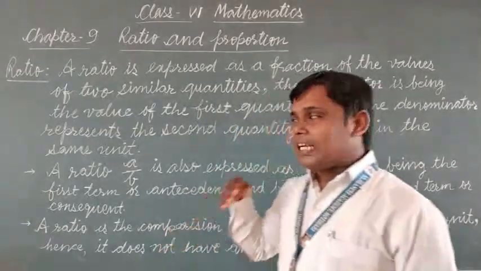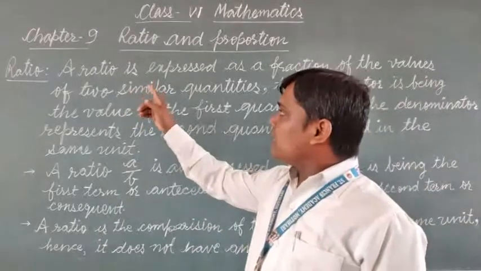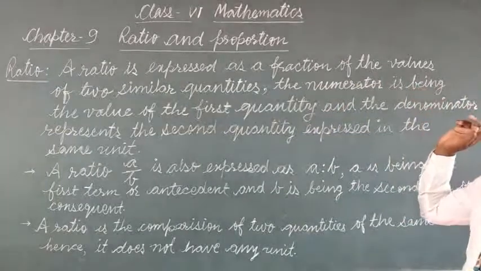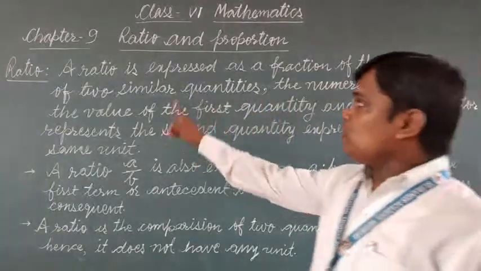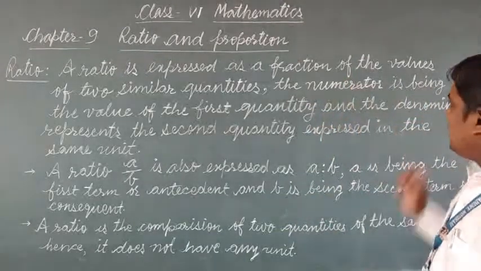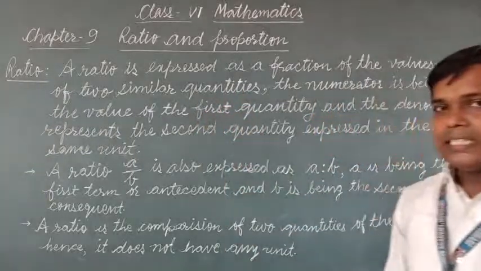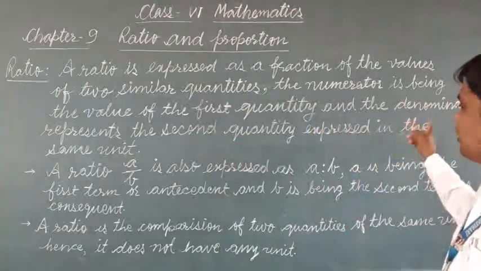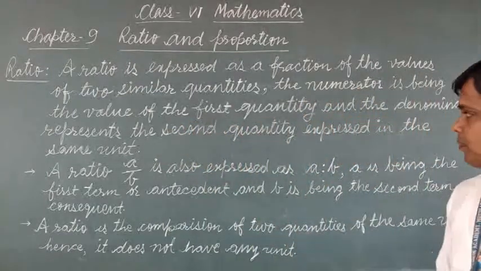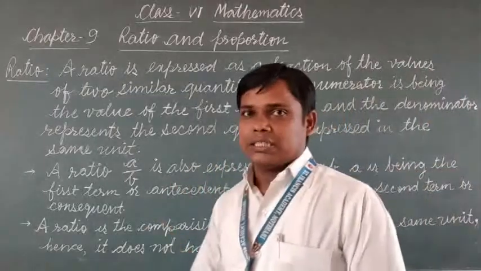So what is ratio? Ratio is expressed as a fraction of the values of two similar quantities. The numerator is the value of the first quantity and the denominator represents the second quantity, expressed in the same unit.